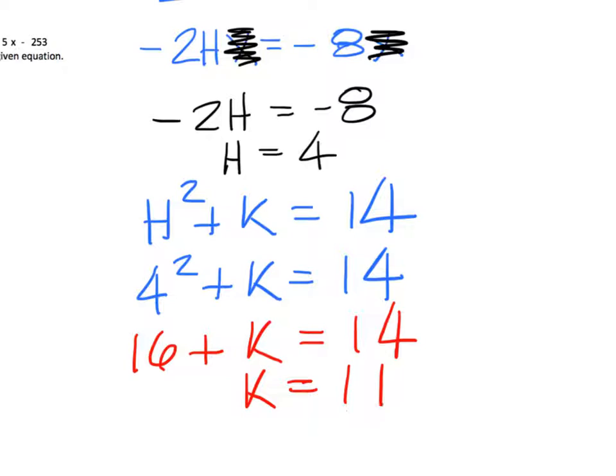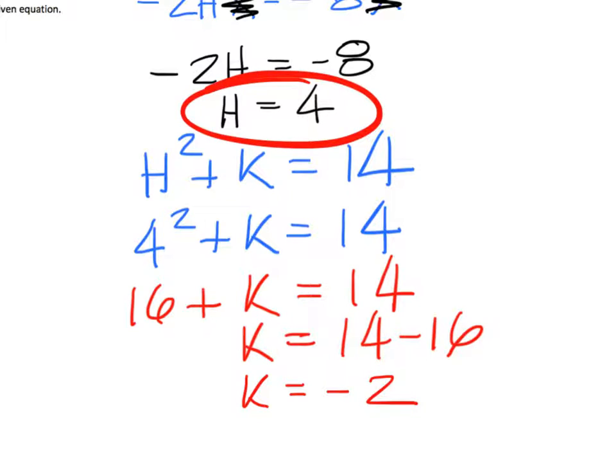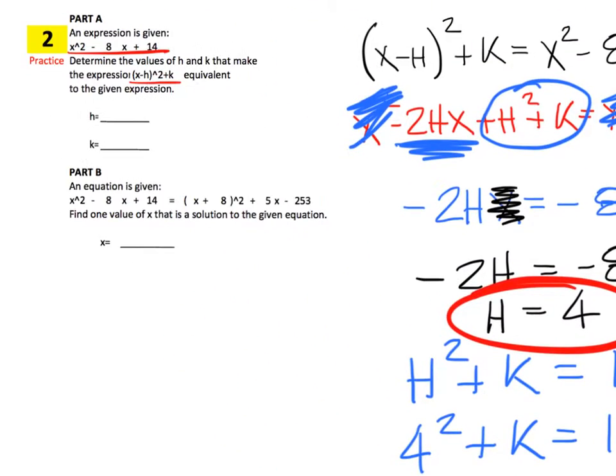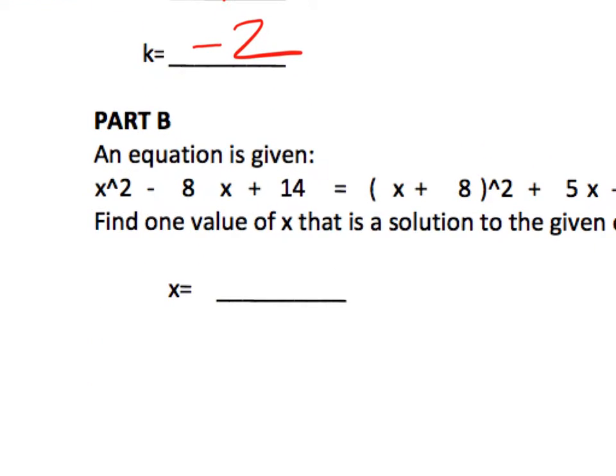So k would have to be 14 minus 16, and that would give me a value for k of negative 2. h is 4, k is negative 2. There's part A.